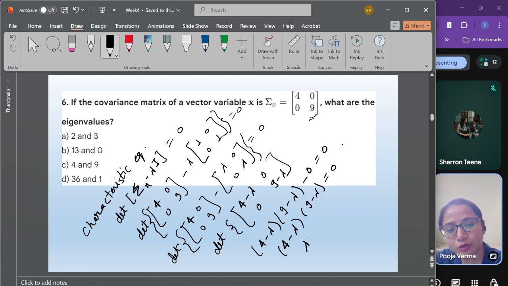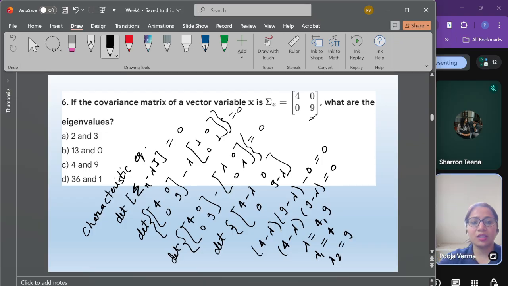What will be the values of lambda? 4 and 9, right? Lambda 1 is equal to 4, lambda 2 is equal to 9. These are the eigenvalues of the given matrix. So option C is the correct answer for this question.